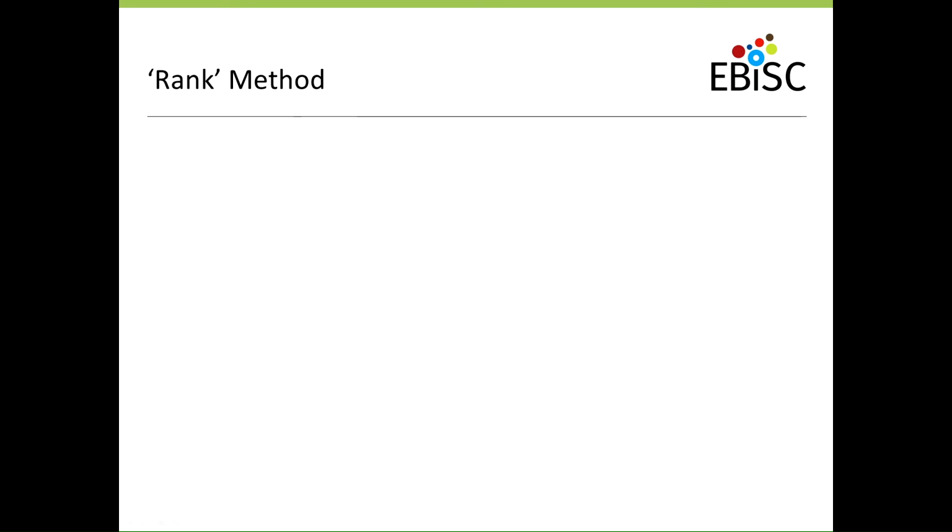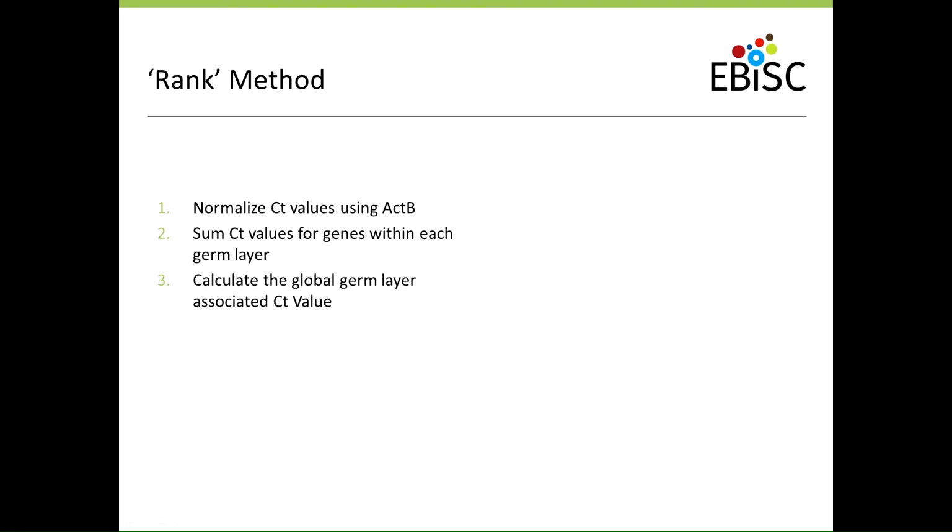So what we did was we normalized the CT values using ACT-B, summed the CT values for the genes within each germ layer, calculated then the global germ layer associated CT value, and then we were able to rank cell lines in a preference bias for each of their germ layers.